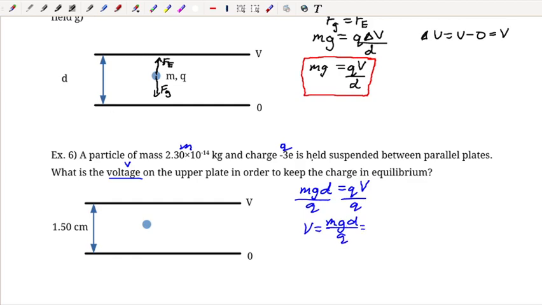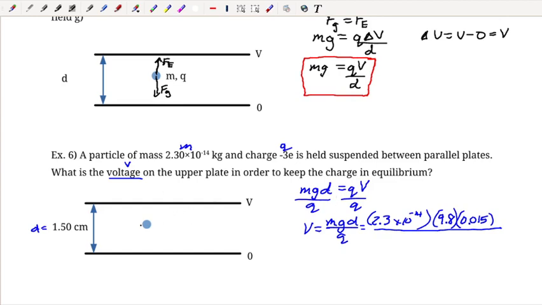So m, they told me 2.3 times 10 to the minus 14. g is my 9.8 meters per second squared from gravity, and my d is my separation distance, which the diagram tells me is 1.5 centimeters, so that's 0.015 meters, all divided by negative 3e.